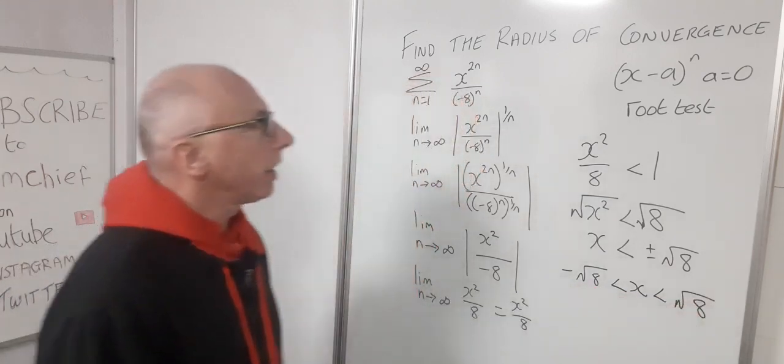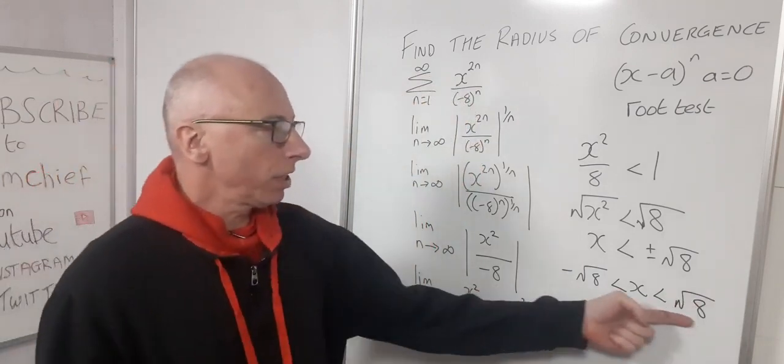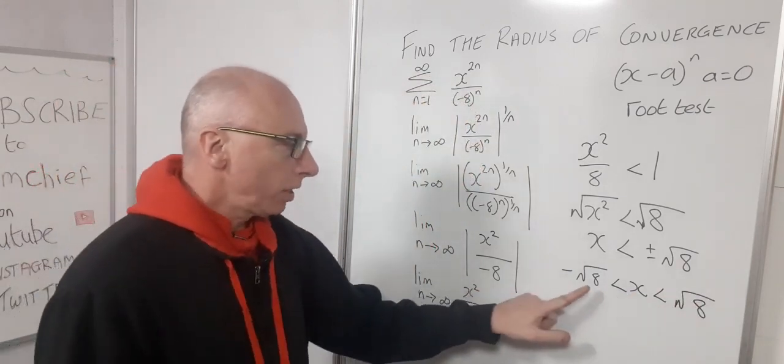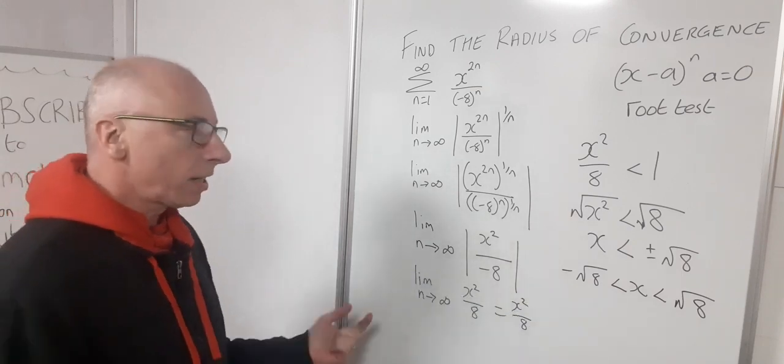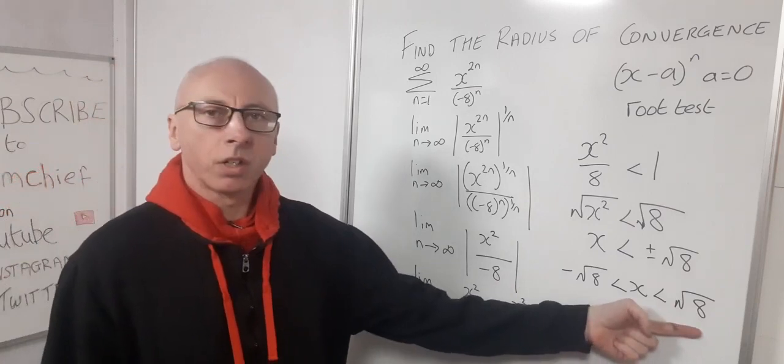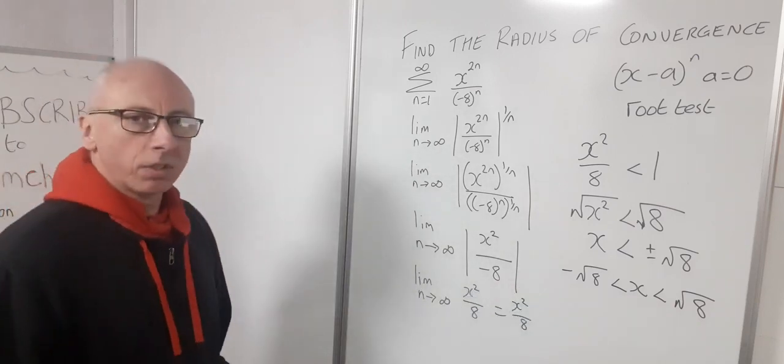But what we need to do now is check our endpoints. So I'm going to take this off the board, and we're going to look at the endpoints of our interval of convergence.